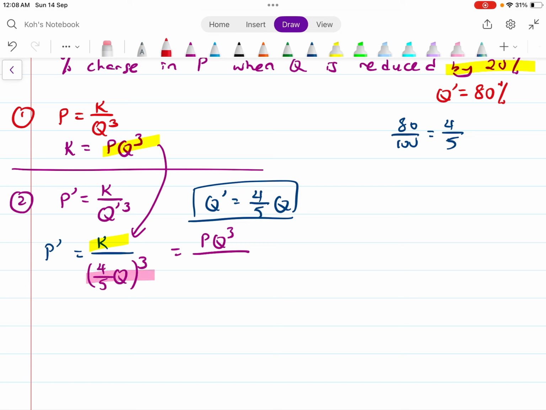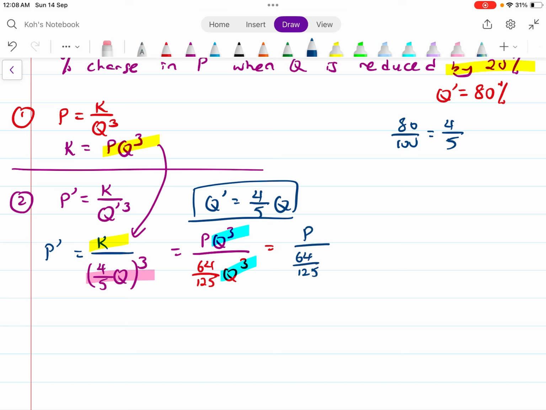Let's calculate: 4 over 5 to the power of 3 is 64 over 125. So the bottom is 64 over 125 Q to the power of 3, and the Q cubed can be cancelled, leaving P over 64 over 125.